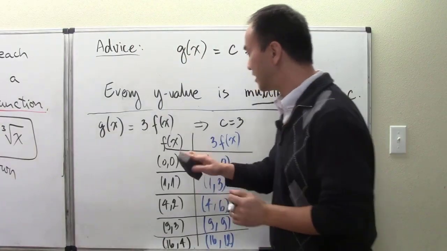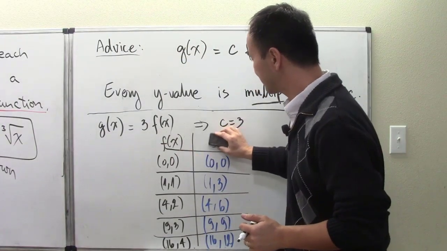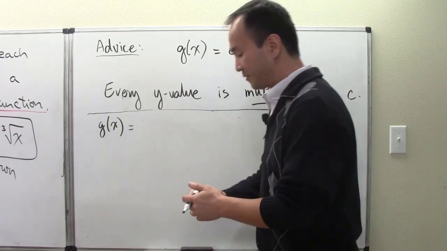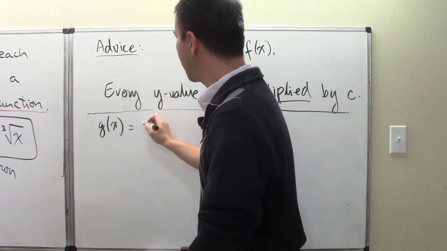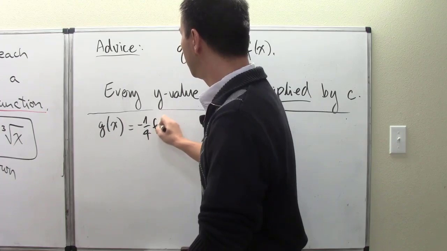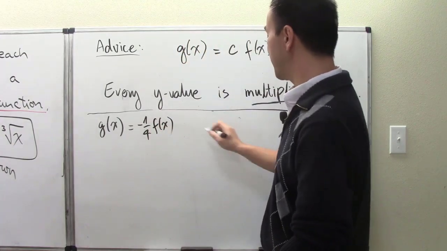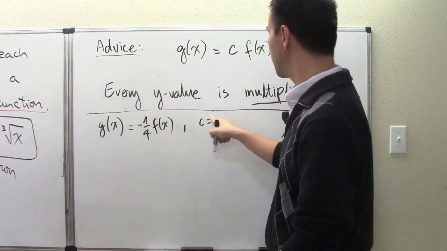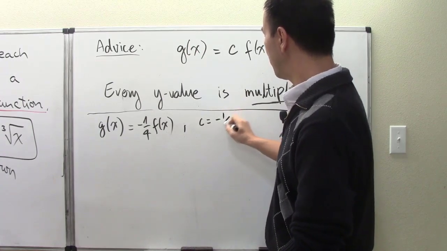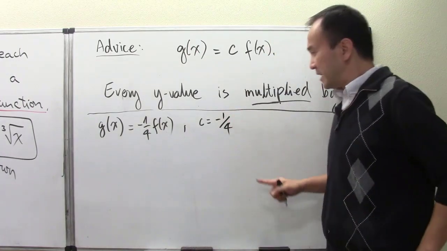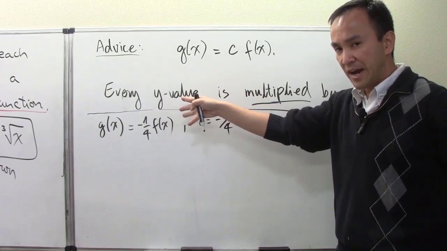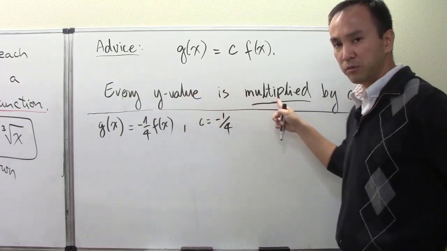All right, so now with g of x recognized as negative 1/4 of f of x, the advice says, and we already addressed that c is negative 1/4, that every y value is multiplied by c.